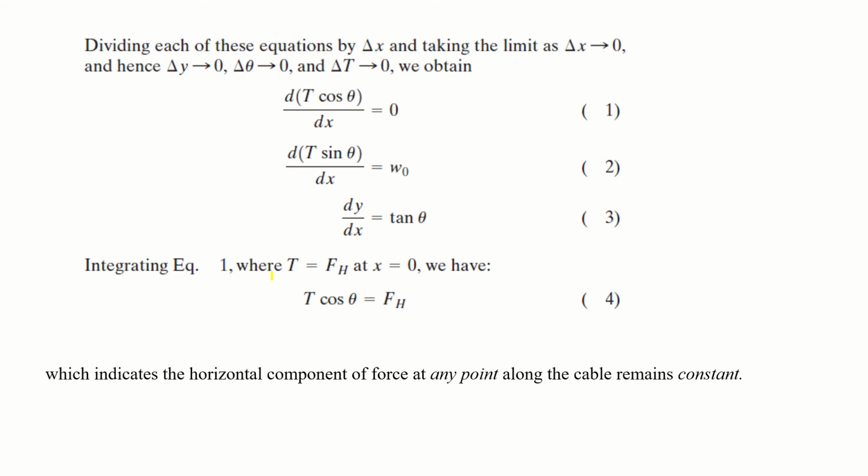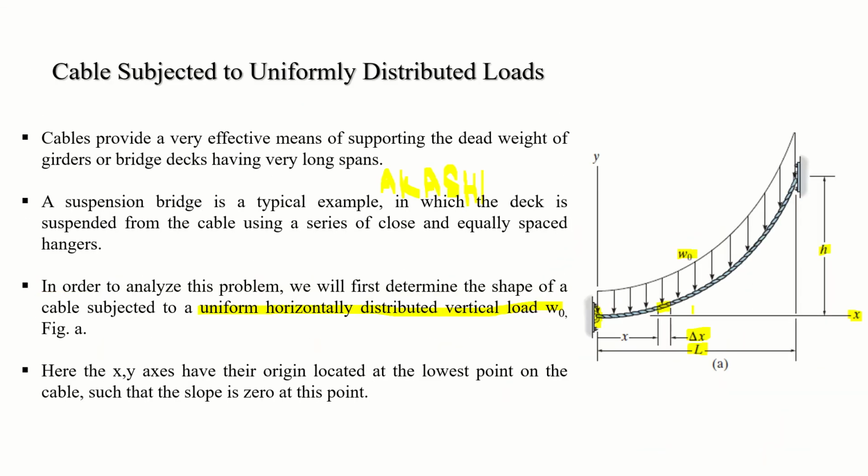Now integrating equation 1, where capital T is equal to FH, the horizontal force, at x equal to 0. At this point your tension in the cable is equal to FH.